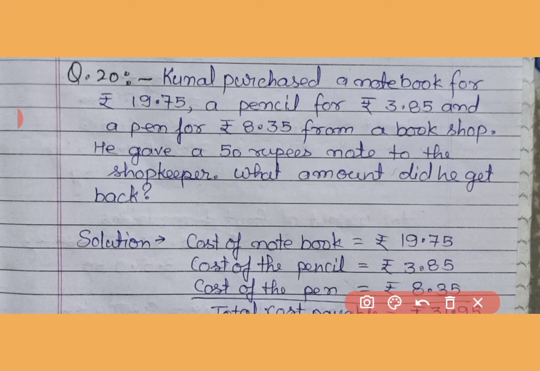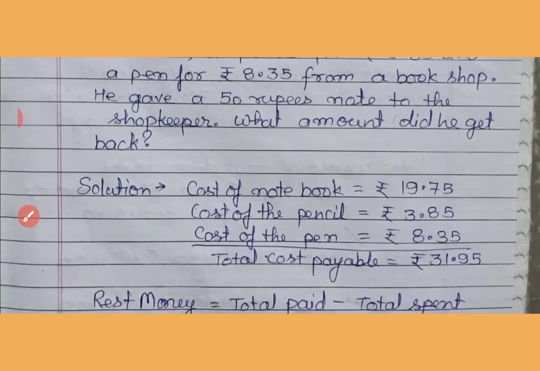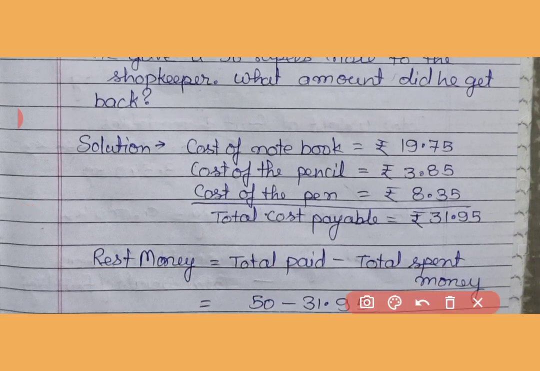So firstly we will add all the costs, cost of notebook, cost of pencil, cost of pen, and then subtract from the total 50 rupees. Cost of notebook is 19 rupees 75 paise, cost of pencil is 3 rupees 85 paise, and cost of pen is 8 rupees 35 paise.